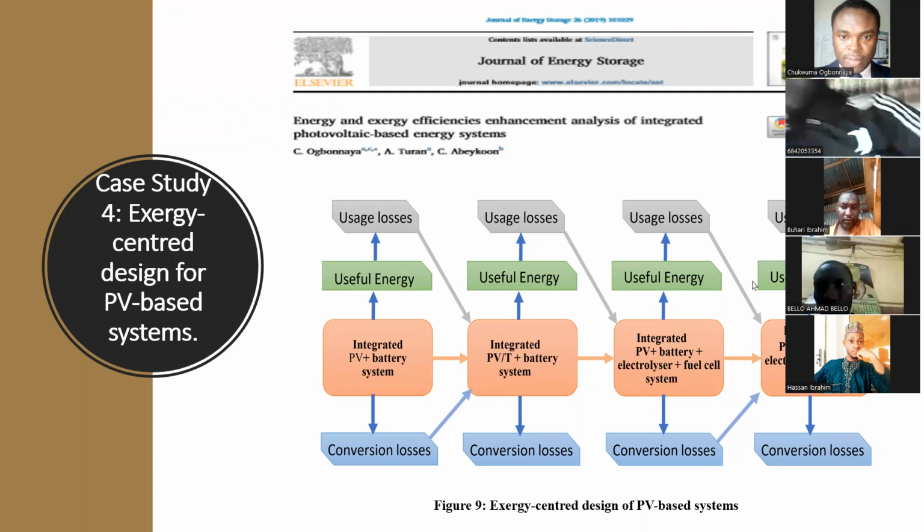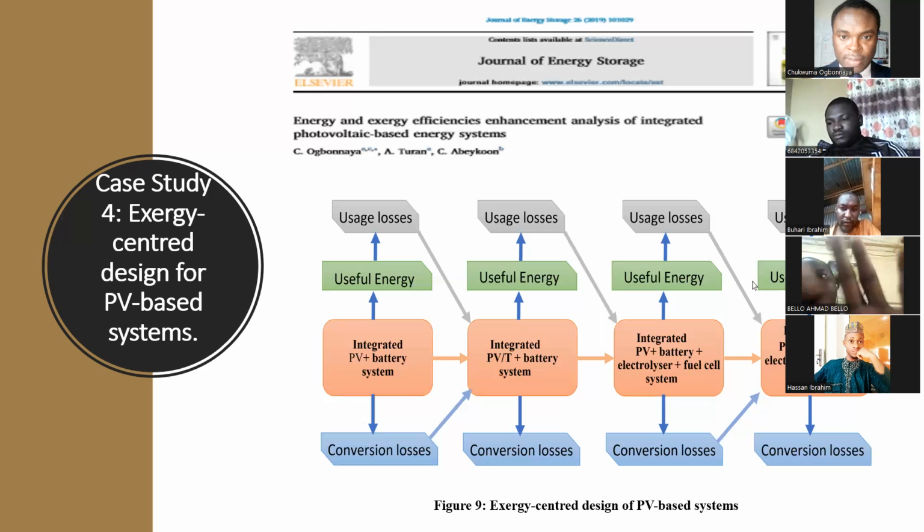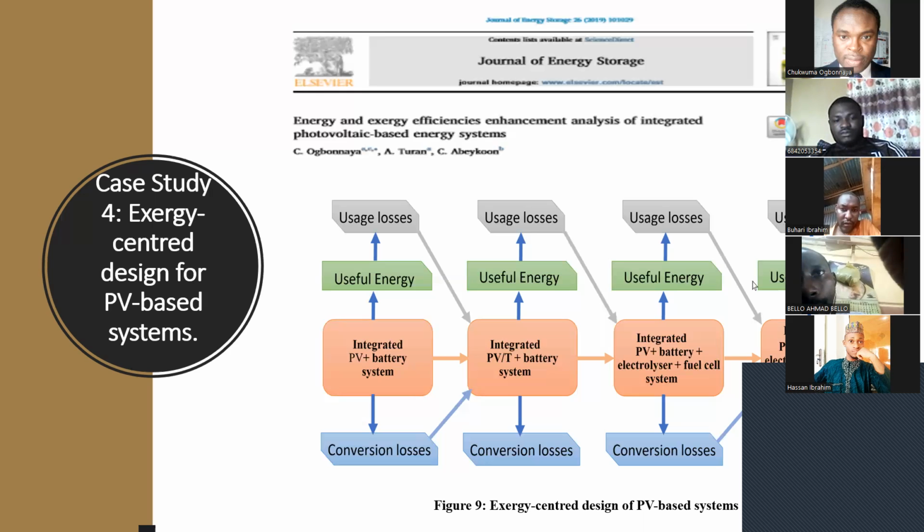Now, the first law of thermodynamics will not tell you about the losses being experienced in the system. If you now think about the second law of thermodynamics, which is an entropy-based law, you can now talk about the exergy efficiency of the system.